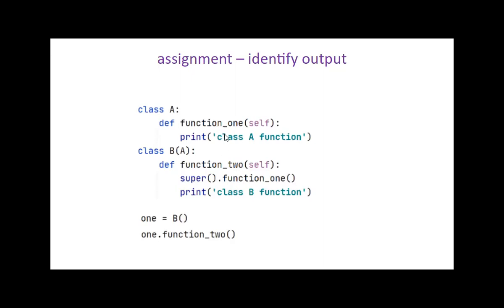Now tell me, if in this class A I don't have function one, what will happen? That point you have to remember. In the earlier example of constructor, I told you that almost every class should have a constructor, and the constructor name is not going to change. So if you write super dot init, it will be called automatically.